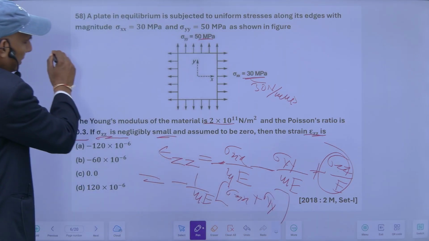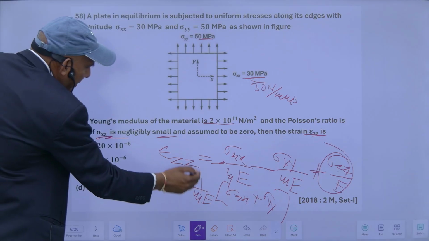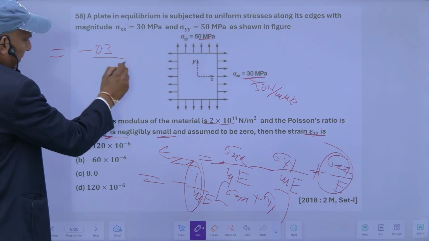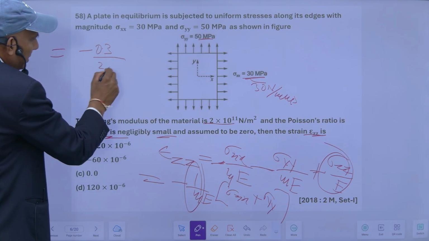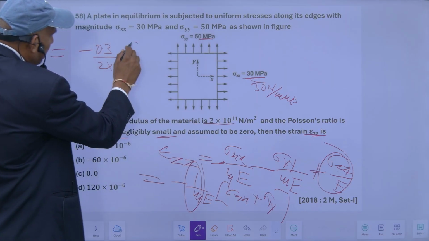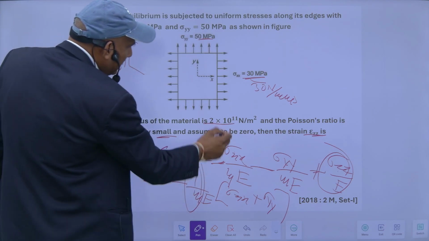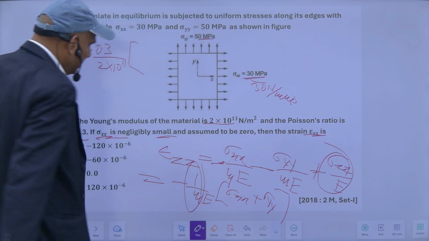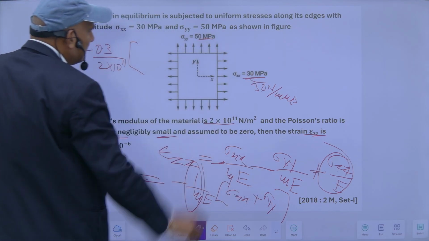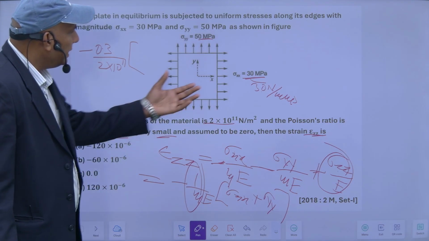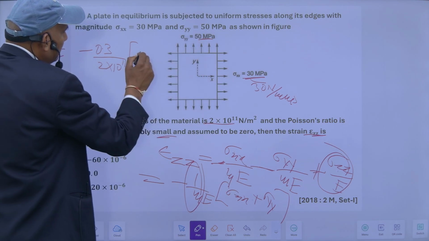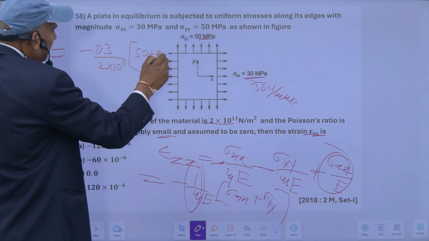So finally it will be minus 1 upon m, where m is the Poisson ratio, and this is 0.3, divided by the Young's modulus of elasticity, into sigma xx plus sigma yy. Both have the same nature, both are tensile. So this will be 50 plus 30, so it will be 80.